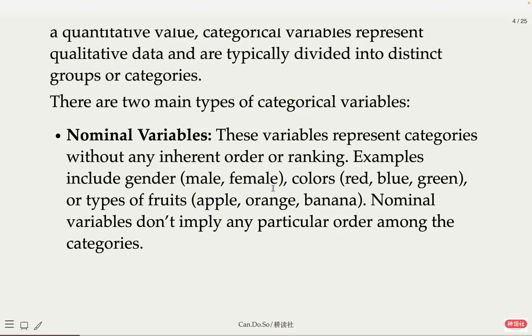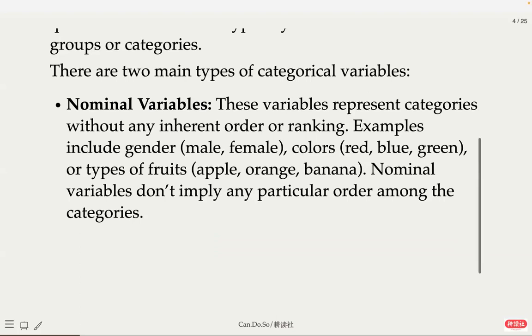For example, male and female, red, blue, green, apple, orange, banana. Maybe someone's favorite, someone would favor red color instead of green or blue, and someone will prefer orange over apple. But normally we cannot tell which one is good or bad.